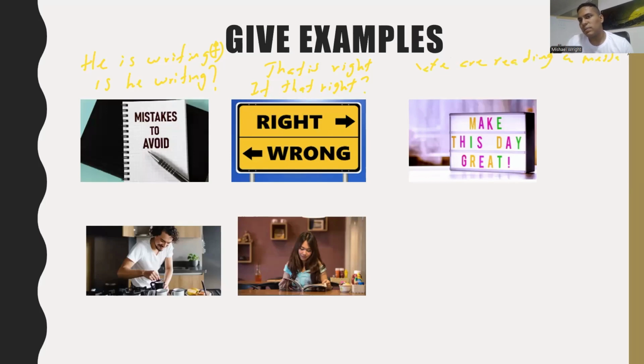No le pongamos bello. How would you do it in question case? Are we reading the message? A message, okay. And so on.